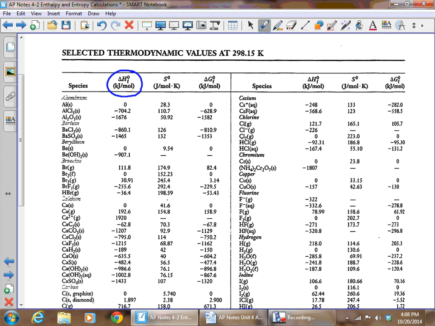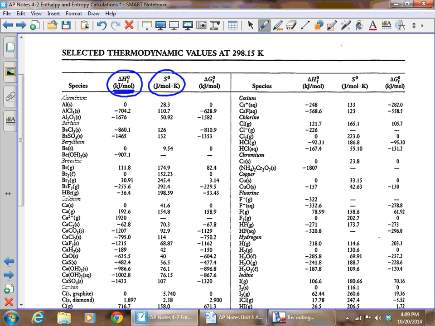Those are in kilojoules per mole, and this is going to be very important in a few minutes. Whereas when you look at the entropy values for substances, those are in joules per mole Kelvin. So depending on whether you're finding the entropy change or the enthalpy change will determine which of these two columns you're going to use.